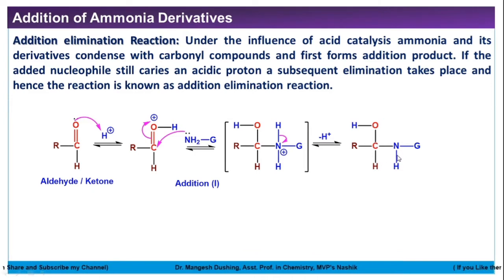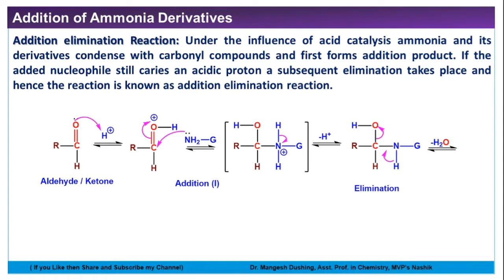What will happen? This N-H bond, this acidic hydrogen will leave, and the sigma electrons go over here, so a pi bond will form. This sigma bond will break, and those electrons go to the oxygen. So OH will leave, and OH combines with this H. This reaction is called an elimination reaction as well as a condensation reaction. Condensation means the byproduct is a water molecule.